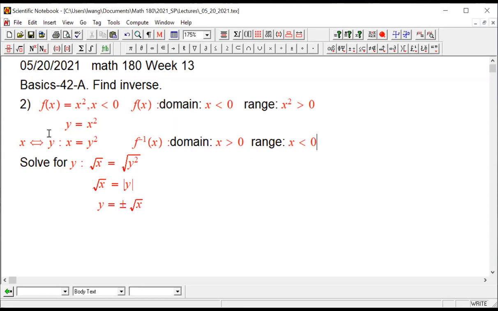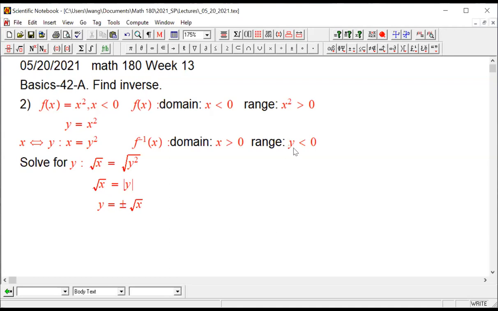This swap is the moment that the switching of domain happens. I'm sorry, I put this in the wrong place, the y.